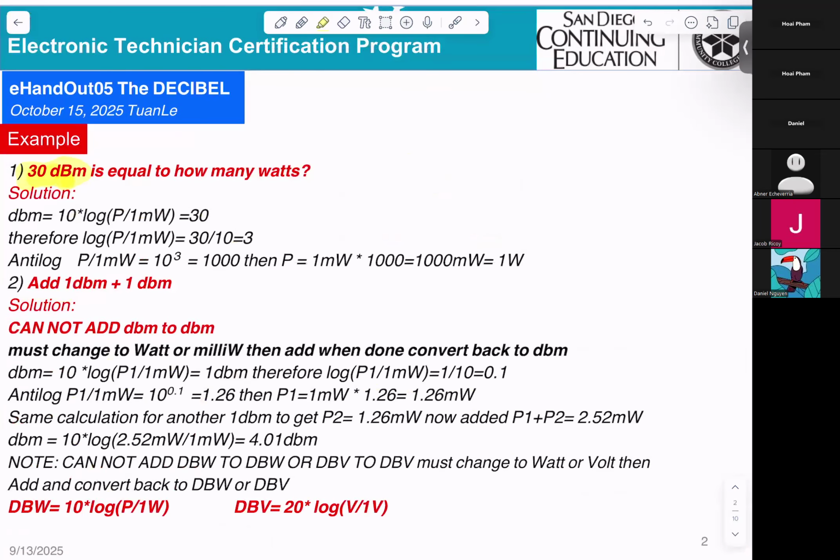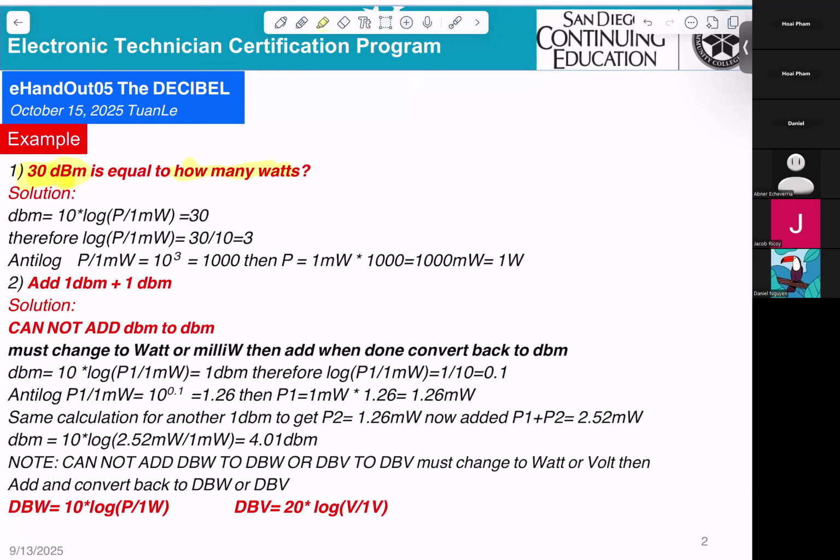And we already have the formula. For example, 30 dBm equals how many watts? That tells you one thing: in the lab, they measure using the unit dBm. However, we have to deal with watts, milliwatts, or kilowatts.